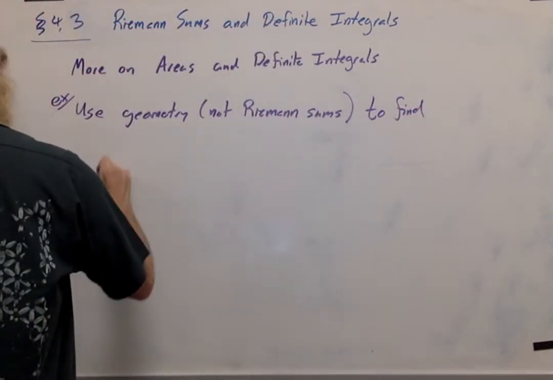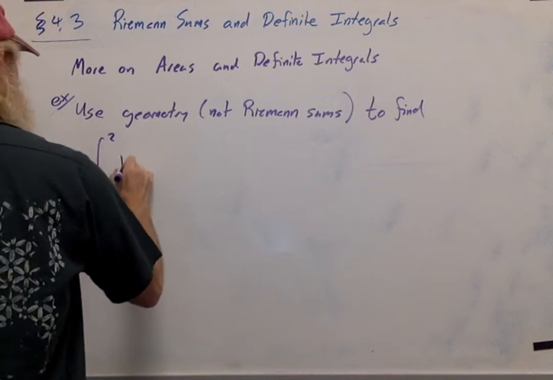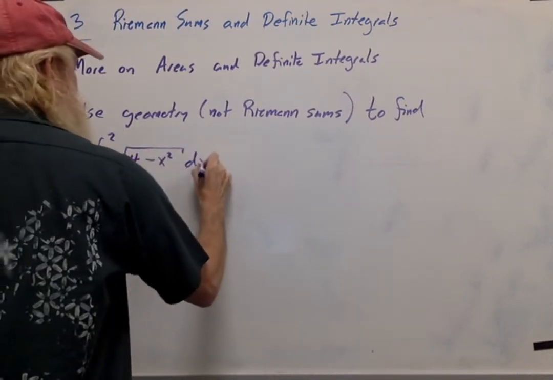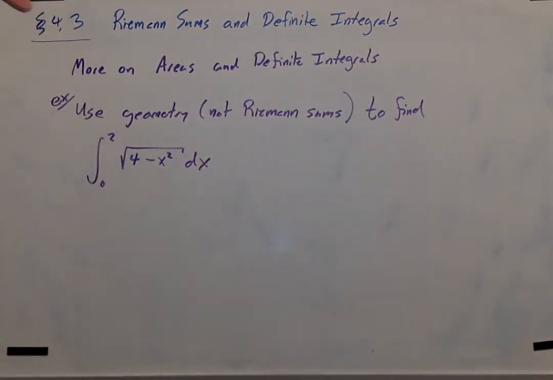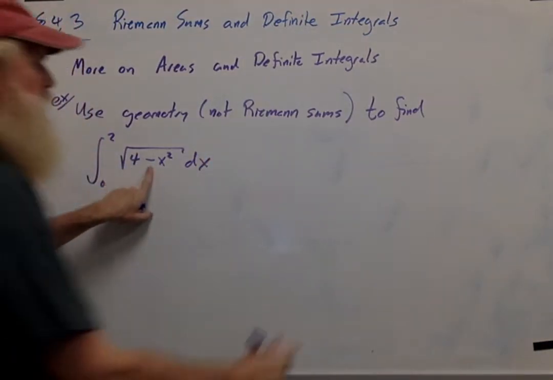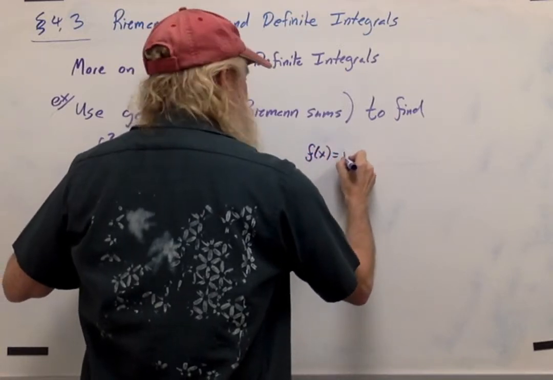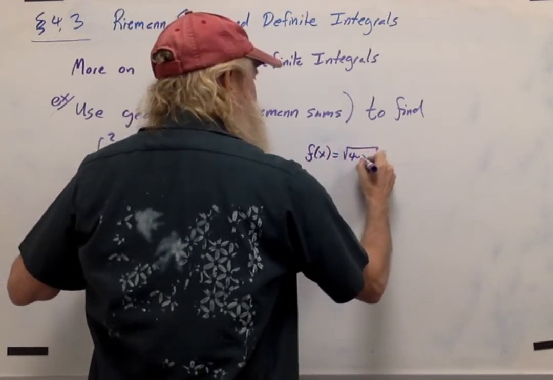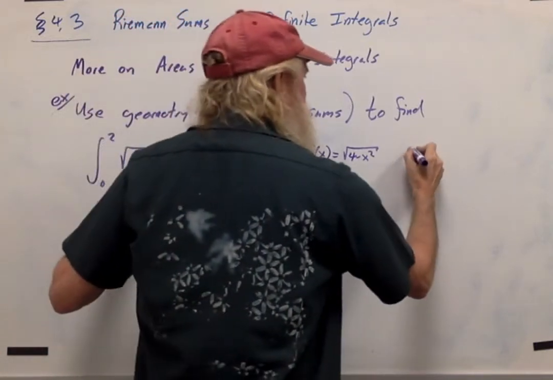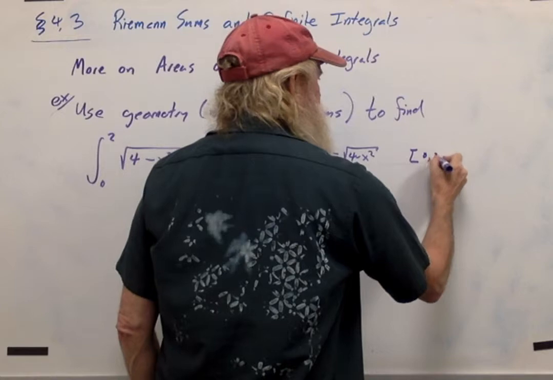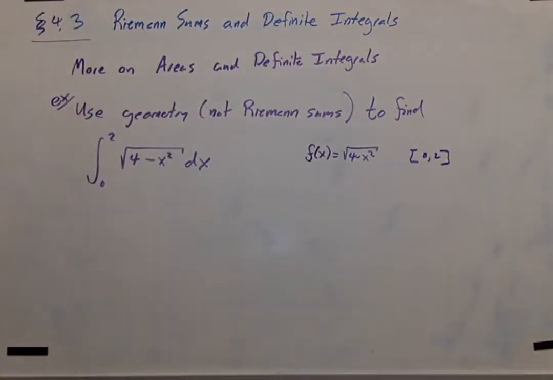Let's say that it's the integral from 0 to 2 of the square root of 4 minus x squared. So here the function we're trying to find the area underneath is the square root of 4 minus x squared, and the interval we're working on is from 0 to 2. And they want us to use geometry.